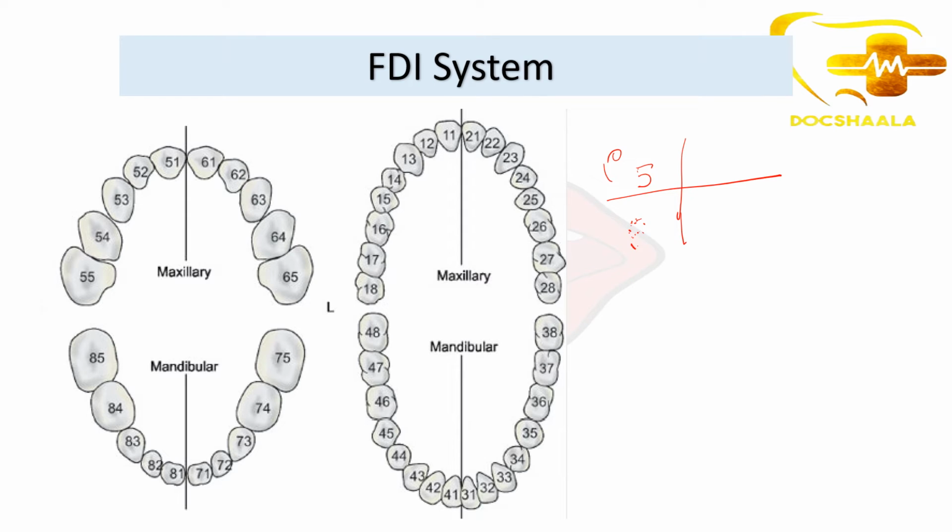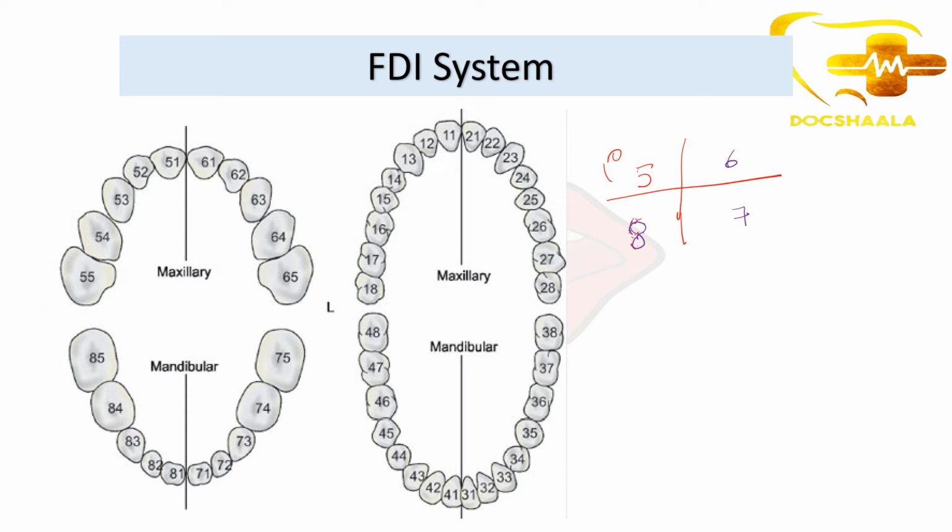The 5 represents the maxillary right upper quadrant, and 6 represents the maxillary left upper quadrant, 7 represents mandibular left lower quadrant, and 8 represents mandibular right lower quadrant. This is how we denote the quadrants of primary teeth in FDI system.